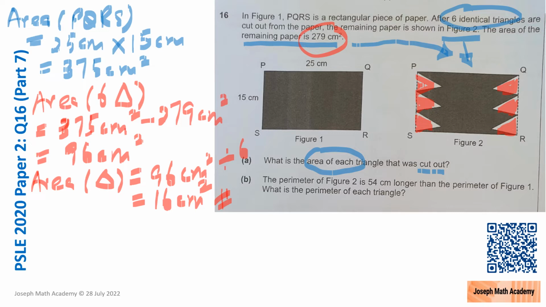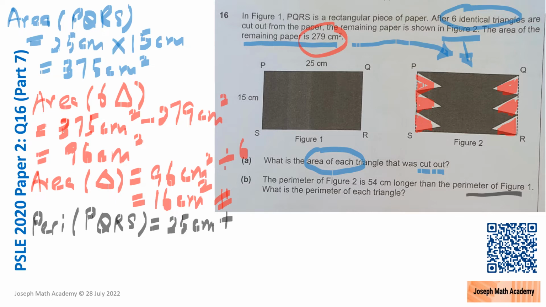Now, question B is involving perimeter. Now, the perimeter of figure 2 is longer than the perimeter of figure 1. So let's find out what is the perimeter of figure 1 first. Now, perimeter of figure 1, which means perimeter of PQRS, is simply saying I take length plus breadth plus length plus breadth, meaning 2L plus 2B.